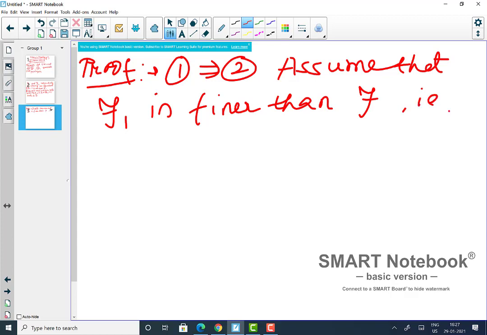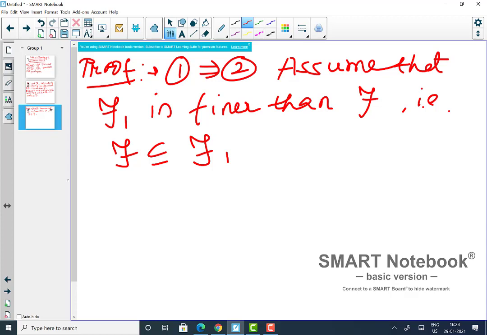What does that mean? This means that tau is a subset of tau1. This may be equal or a proper subset. So this is the assumption, and now I have to prove that under this assumption condition 2 is true.